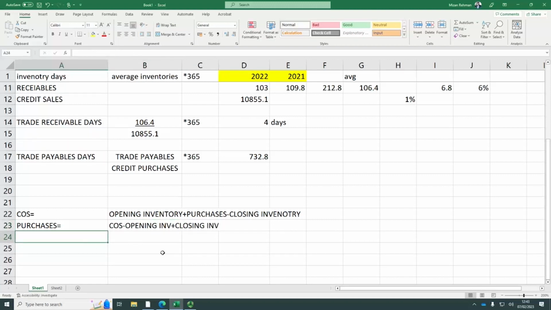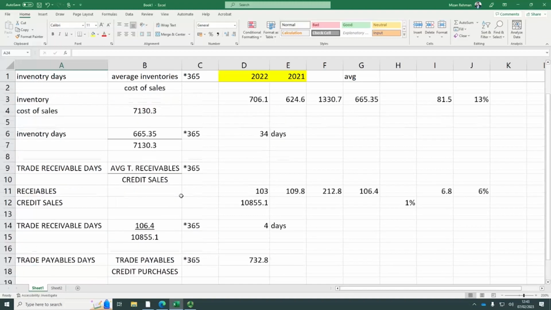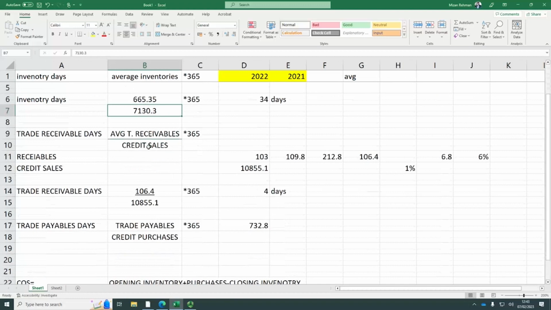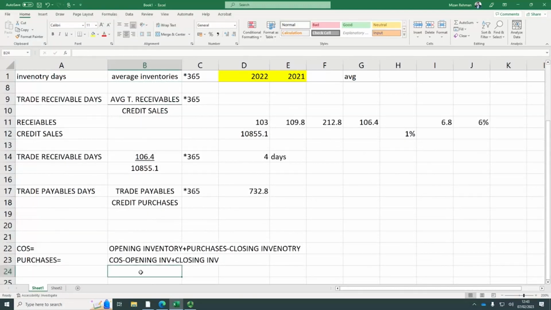Cost of sales figure we have already used, 7130.3, plus closing inventory.